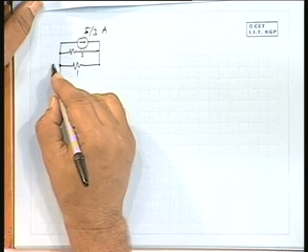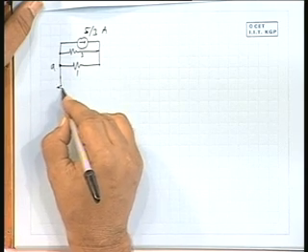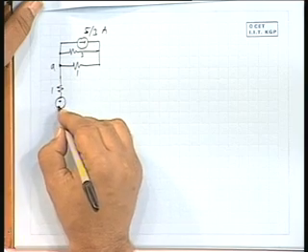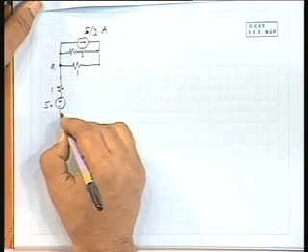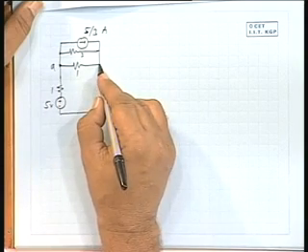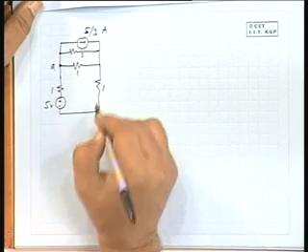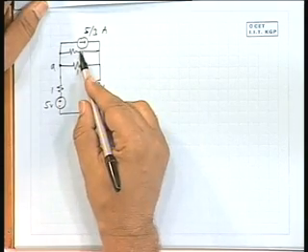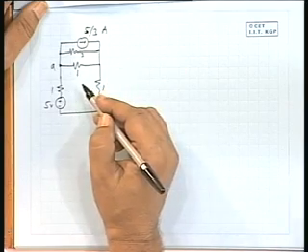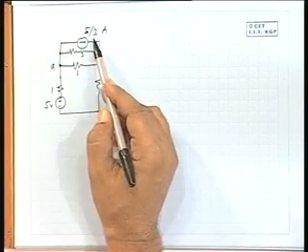And then at this point A, we have 1 ohm. So, 3 and 1 ohm in parallel will be 3 by 4 ohms, multiplied by 5 by 3.